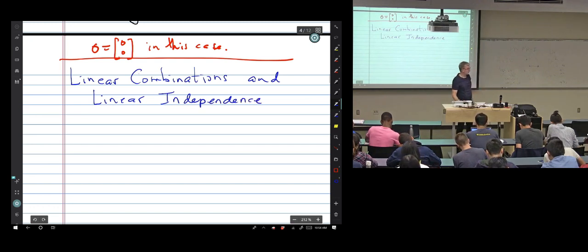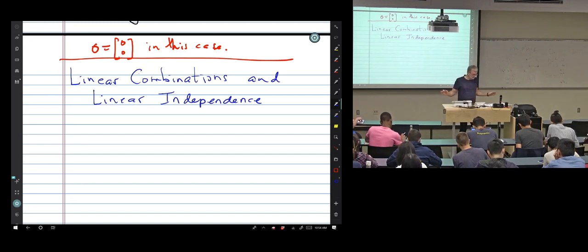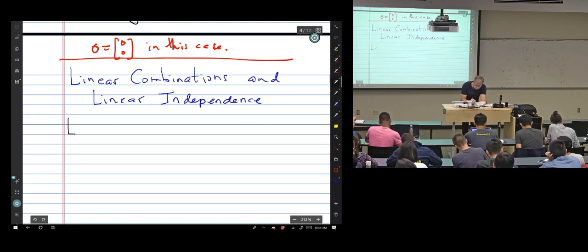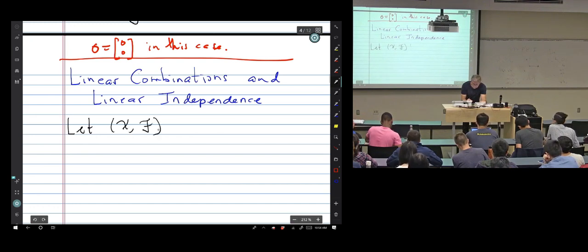If we get this, today's a success no matter what else happens, okay? So we get this, in the abstract, life is really, really good. So for the following, I'm going to let X over F be a vector space.